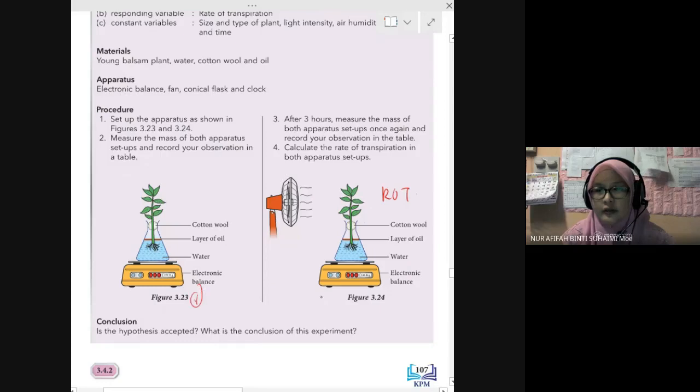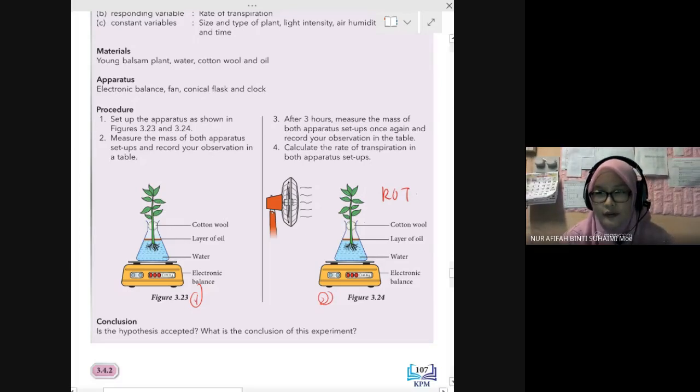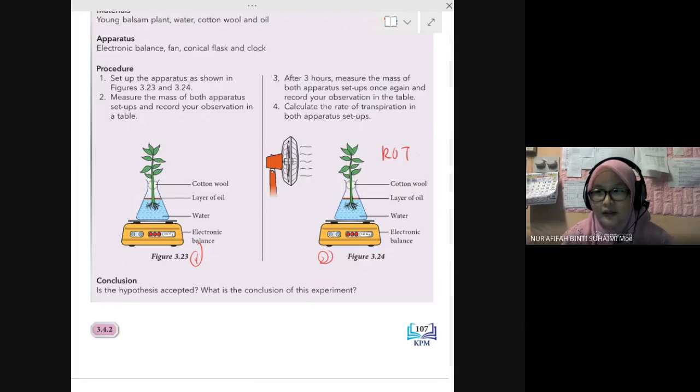First or second? Got wind or no wind? Which one has faster movement of water that makes the plant need water? Quick, think logically.